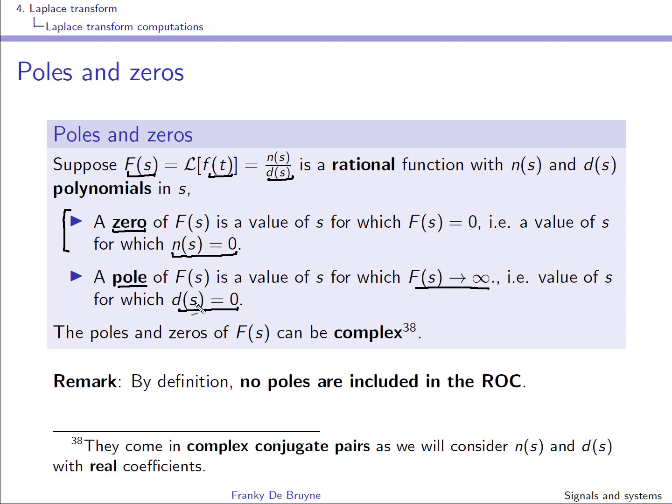If they are complex, there will be complex conjugate pairs, because the examples that we'll consider will have numerators and denominators with real coefficients. Okay, and you see that for s that corresponds to a pole, F of s tends to infinity. So by definition of the region of convergence, there can be no pole in this region of convergence.